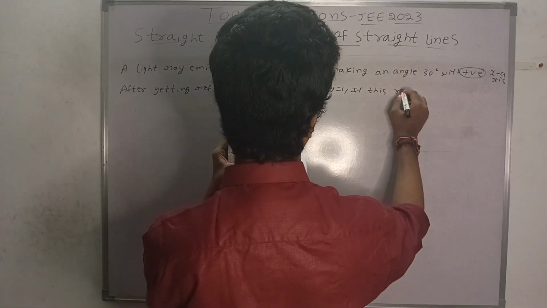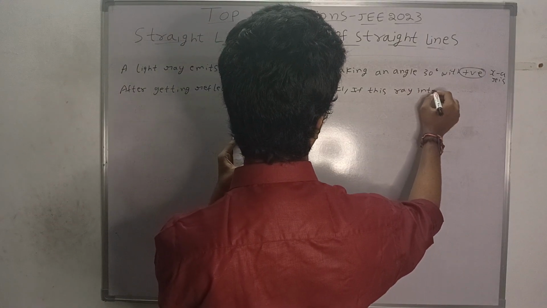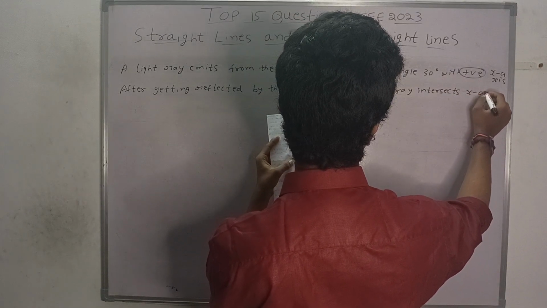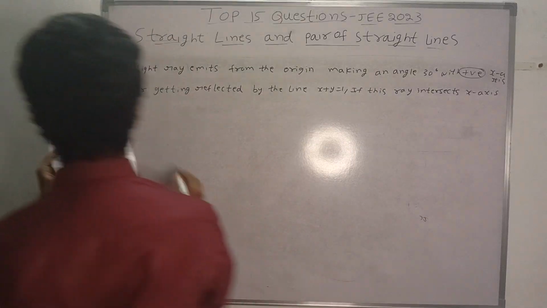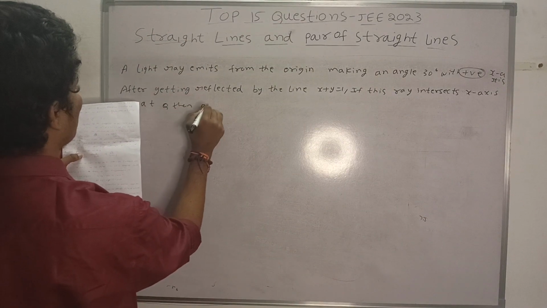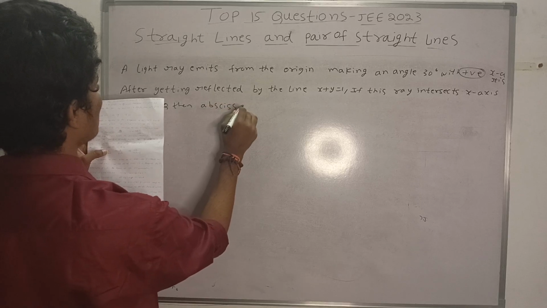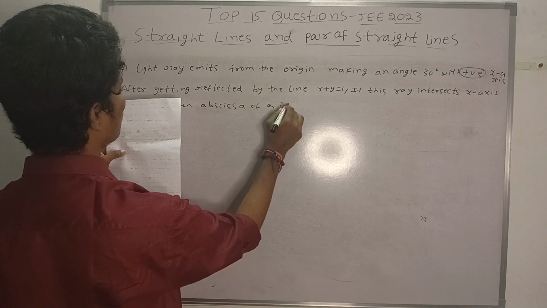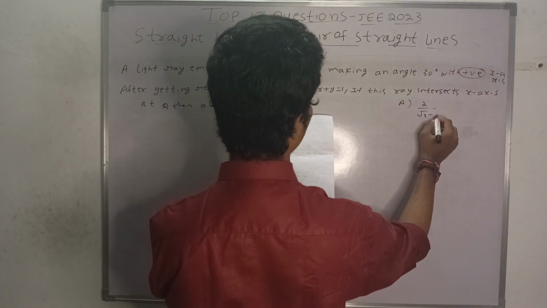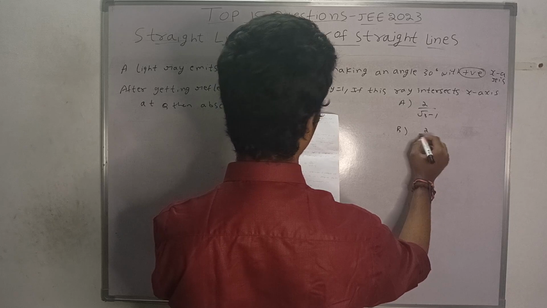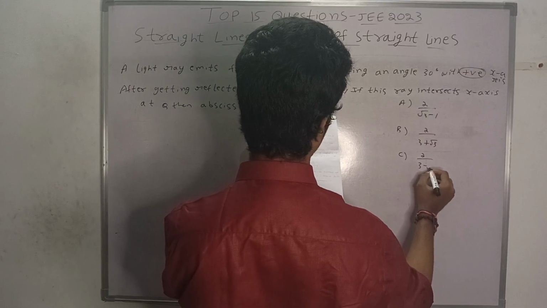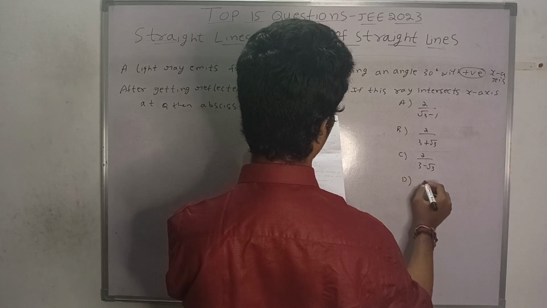If this ray intersects x-axis at Q, then abscissa of Q is, they given the options: A 2 divided by root 3 minus 1, B 2 divided by 3 plus root 3, C, D.